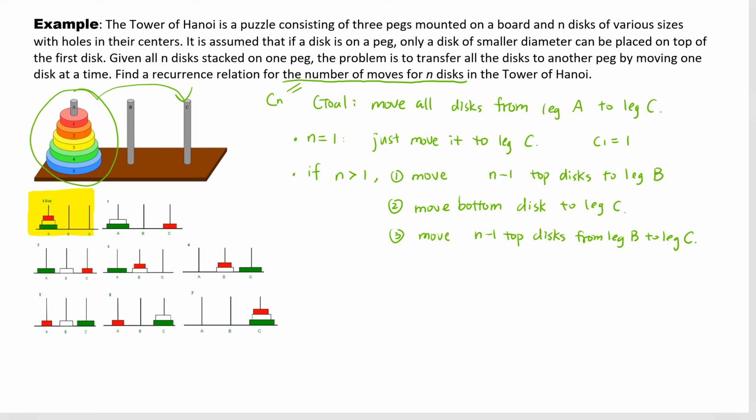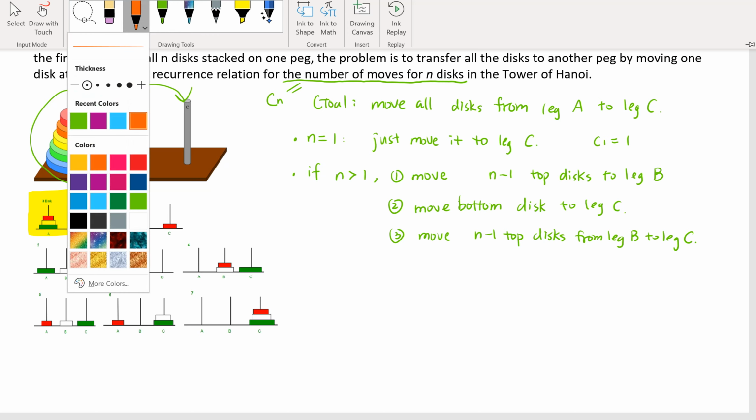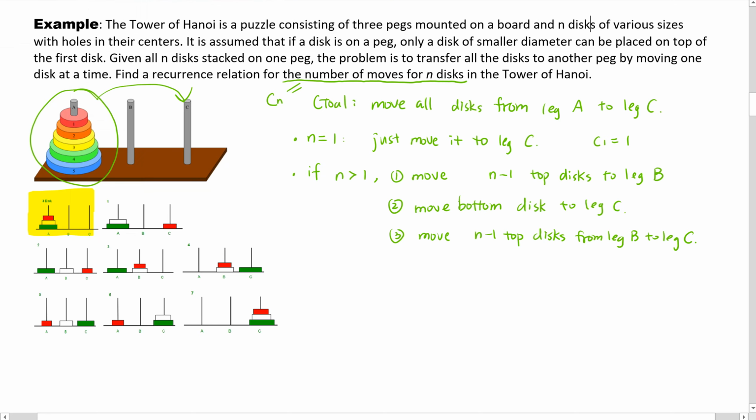Okay, let's count the number of moves in each step. Okay, let me change a different color. How about pink? So when we want to move n minus 1 top discs to leg B, because it's n minus 1 discs, this step is actually Cn minus 1.